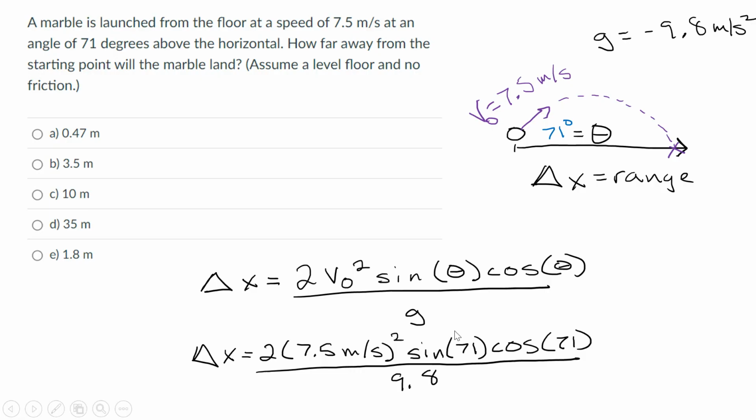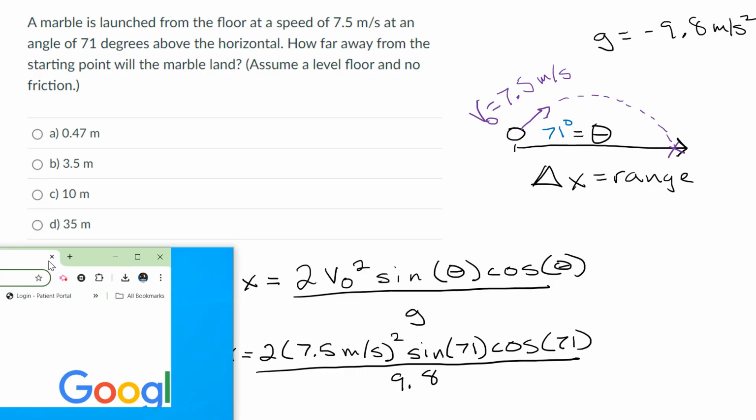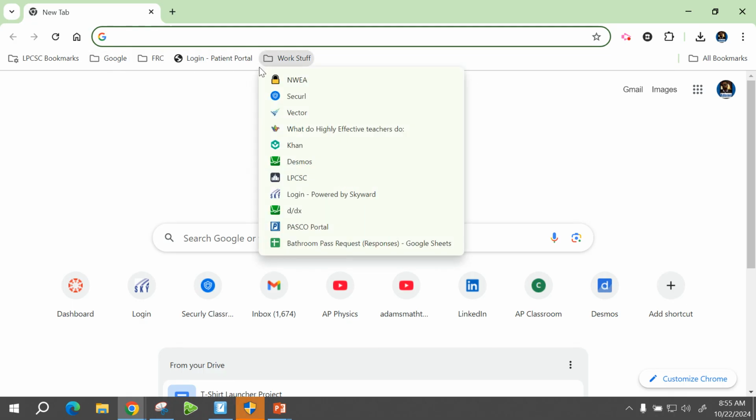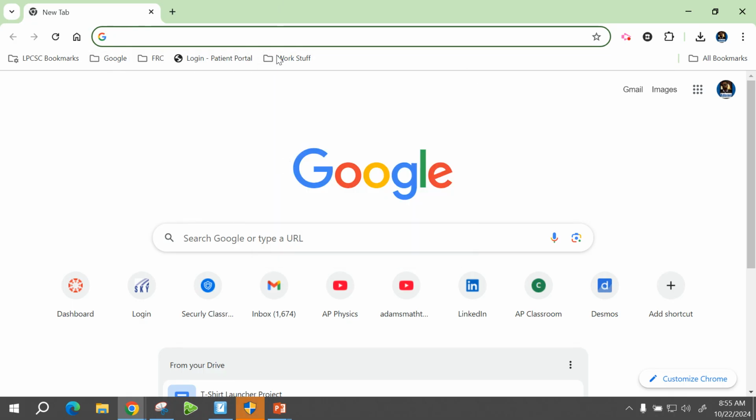I'm just going to do this in Desmos real quick.